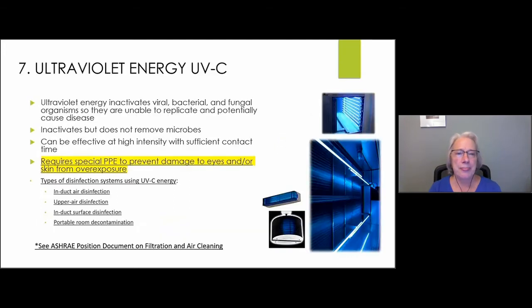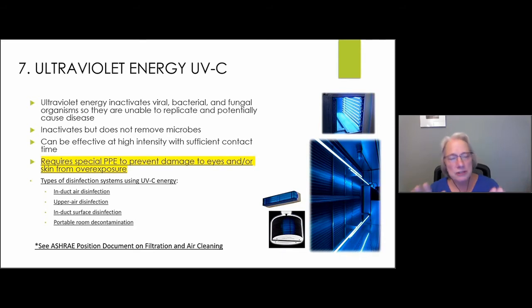Next. So this is UVC, ultraviolet. So these are one of the up and coming or have been used for a while. Now people are looking, because of COVID, for the magic bullet, so to speak, about some kind of filtration unit that can be added to an existing filtration system.